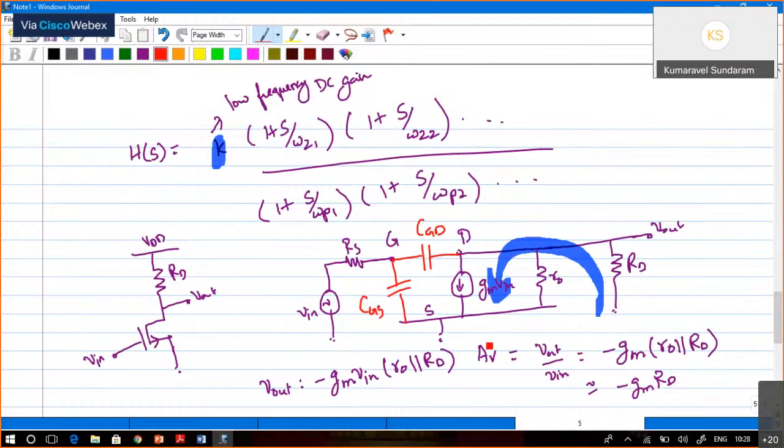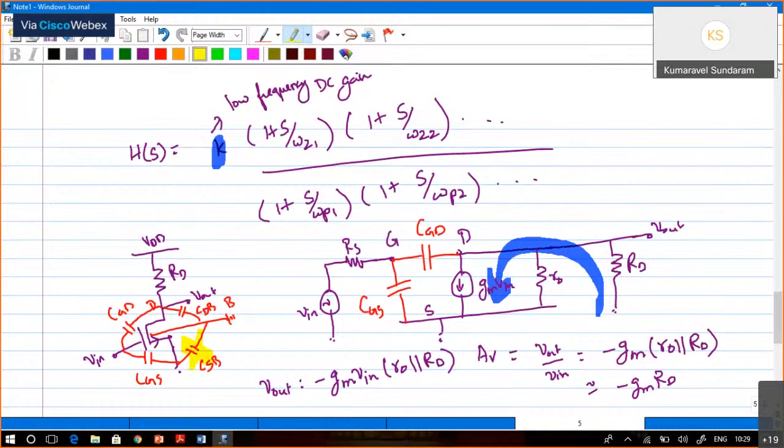Okay. With respect to bulk, this is going to be grounded bulk. So CSB. Then this is drain terminal, CGD and CGS.